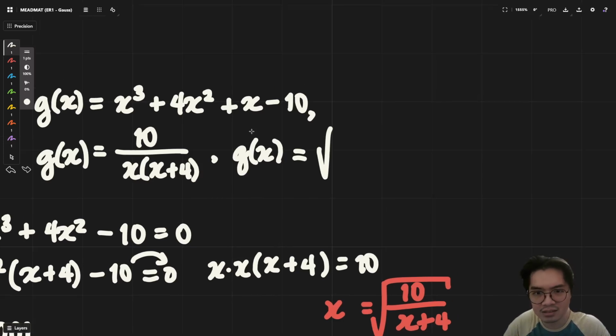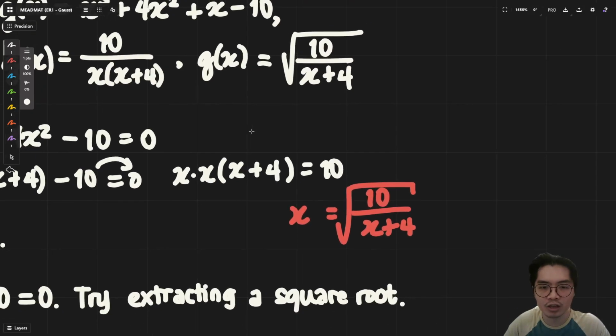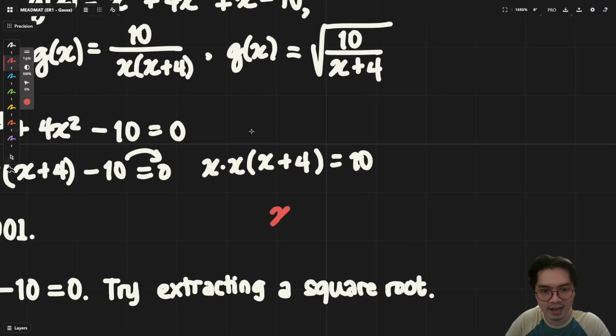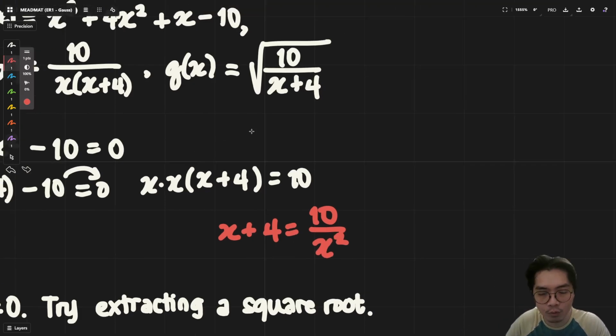But in this case, this is technically a valid way to go through these things. And now another thing that you can do is move this x squared instead. So instead of x squared being equal to 10 over x plus 4, what you can do now is x plus 4 is equal to 10 over x squared. And then you're going to do minus 4, putting the 4 on the other side.